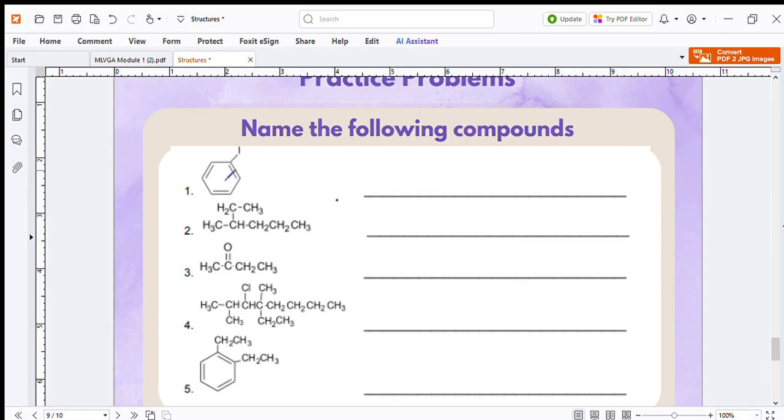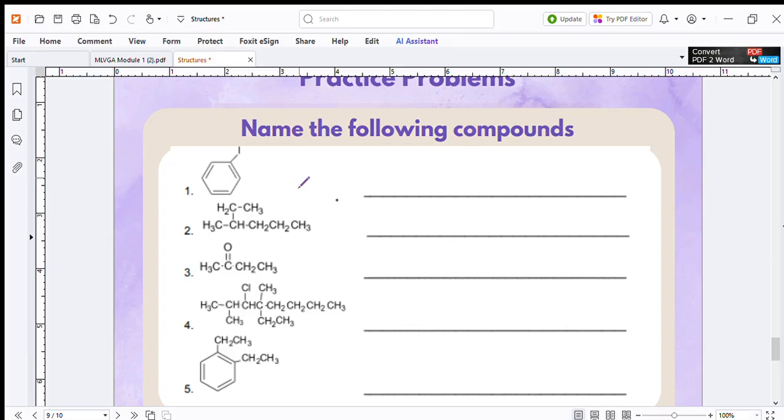So as we see here, it's a cyclic organic compound, and pag i-count natin ang numbers, hindi po siya proper kasi ito po ay kilala na as benzene group as we discussed earlier. So ang benzene group, it's a 6 carbon chain that has 3 double bonds.